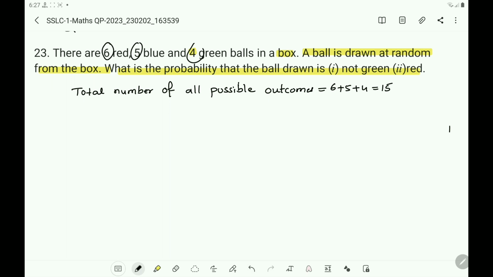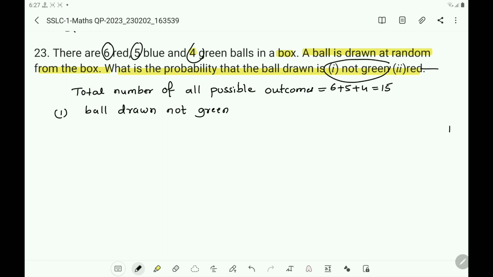Next here, for not green. Here you have to find the probability of the ball drawn is not green and probability of the ball drawn is red. First case you take first one. What is that? Ball drawn not green.